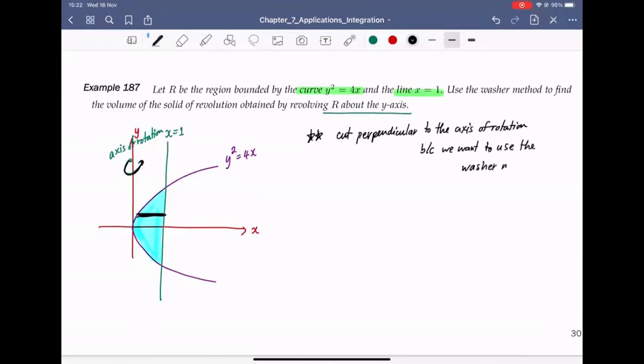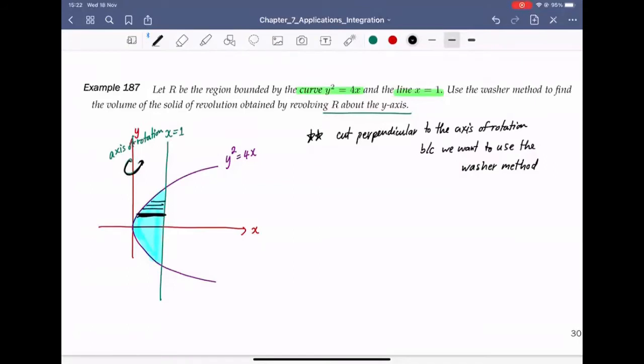You haven't seen the shell method yet. Once you see it, you can do it either way, shell or washer, because the shell method cuts parallel to the axis of rotation, but for the washer method, you just cut perpendicular. So we're going to cut here with a horizontal line.